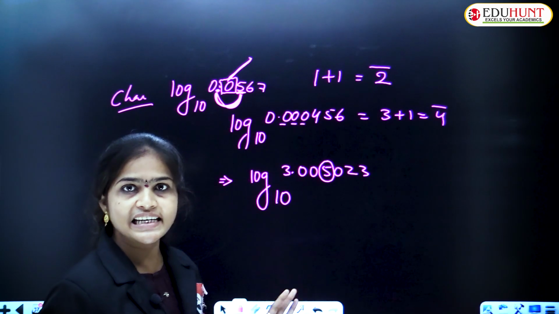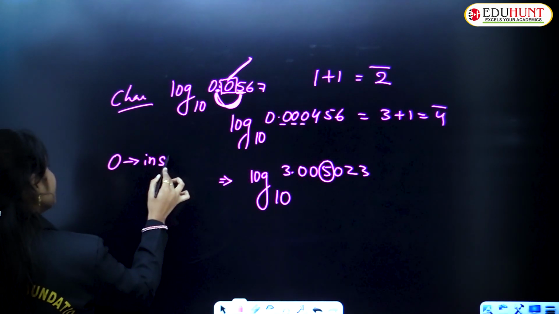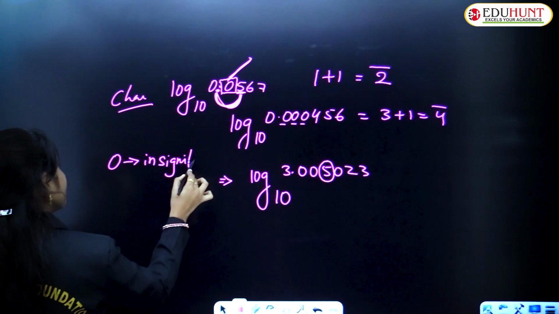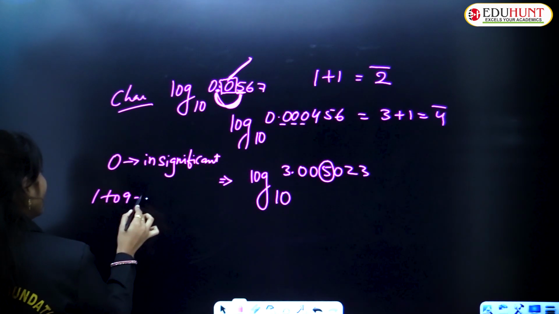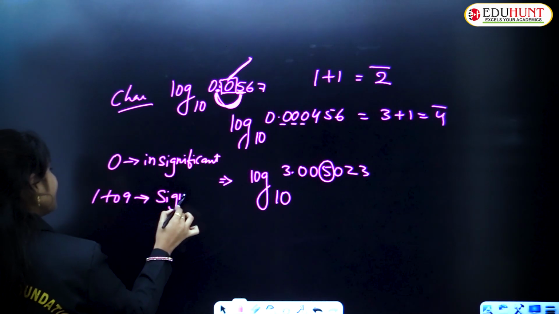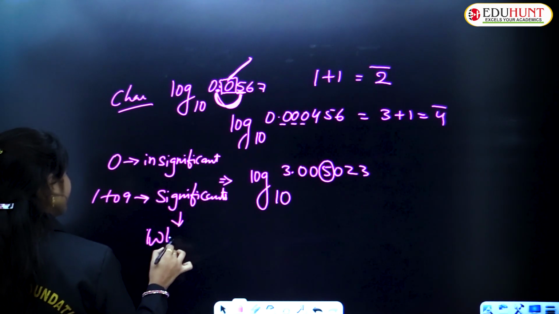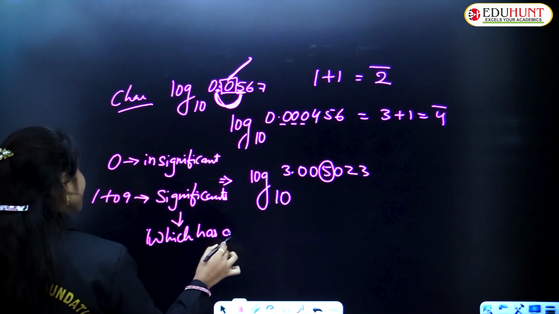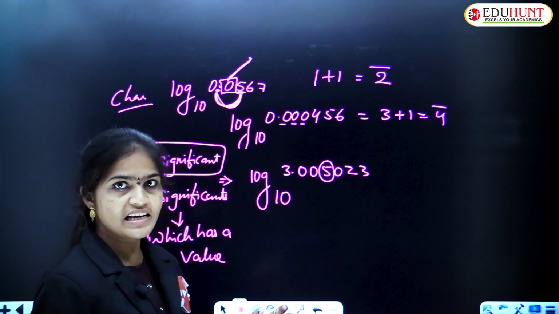0 is an insignificant digit. Why? Because 0 is insignificant. 1 to 9, all the digits are significant. Significance means which has a value. 0 doesn't have a value, no?